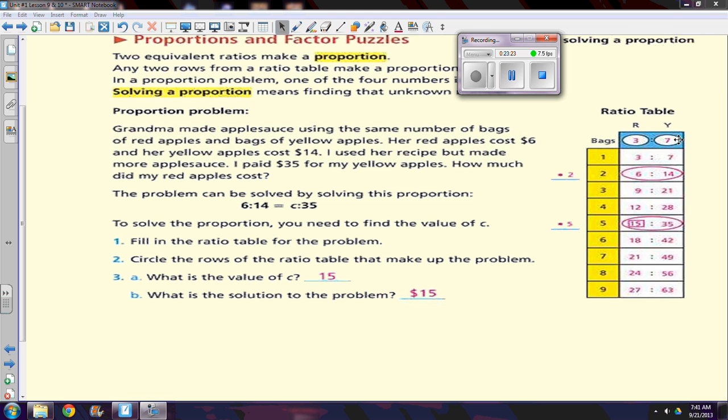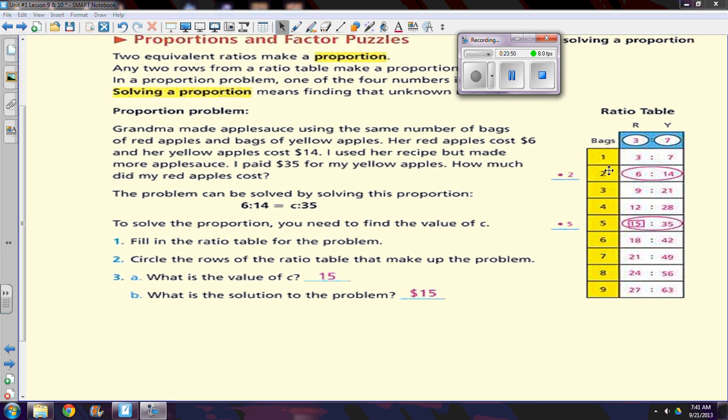Well, remember back in the problem, it says her red apples cost $6 and her yellow apples cost $14. So for 1 bag, down to its unit rate, you would divide 6 and 14 by 2, and that would get you red 3, yellow 7.